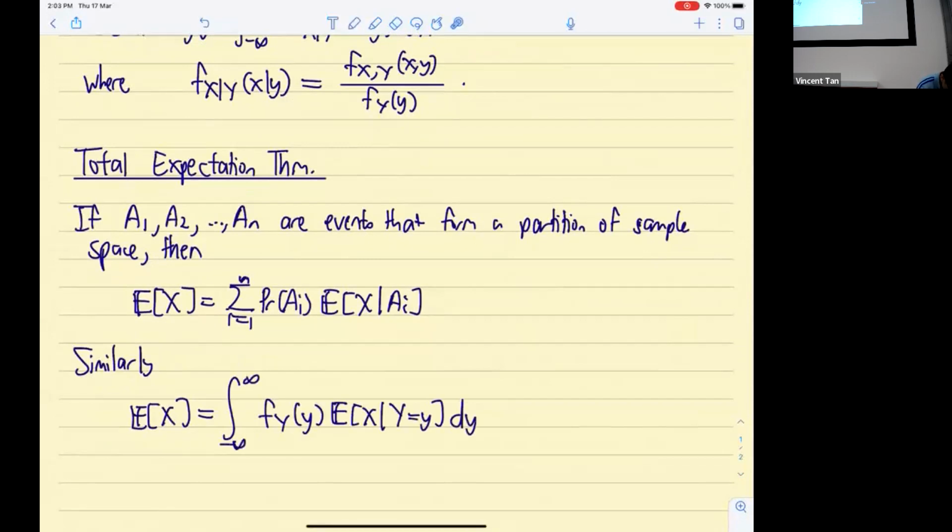As you can see, this part here is analogous to this, and this conditional expectation is analogous to this. Here we are conditioning on an event, and there we are conditioning on actually an event also. You can think of it that way, but the book makes a distinction, and I think it's good. Here we're conditioning on another random variable.